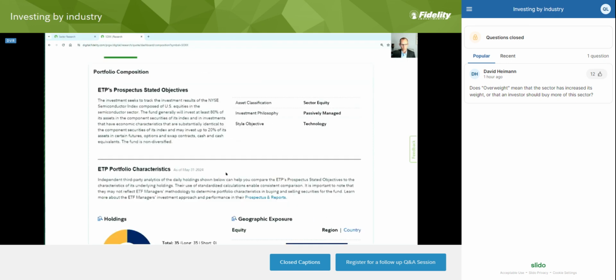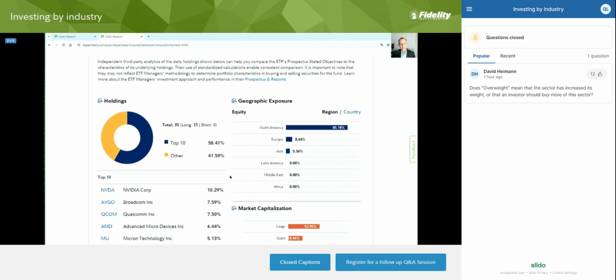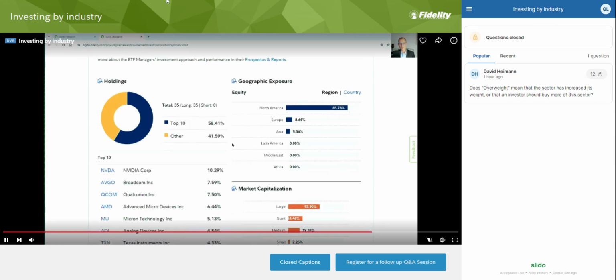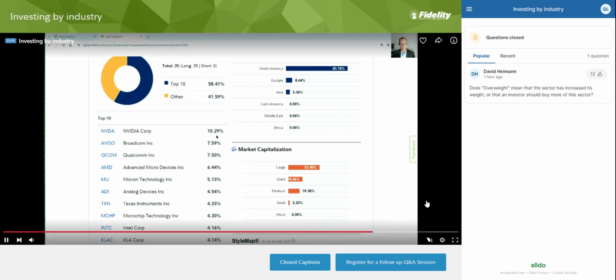And as we scroll down, here is where we have some deviation in the portfolio, where instead of 70% plus in the top 10, now we've only got 60% in the top 10. And when we look at which corporations those happen to be, NVIDIA, which was 20% of SMH, only represents 10% here.